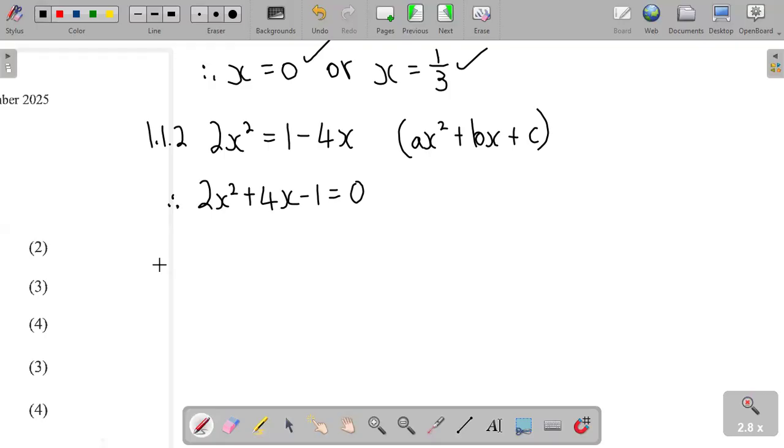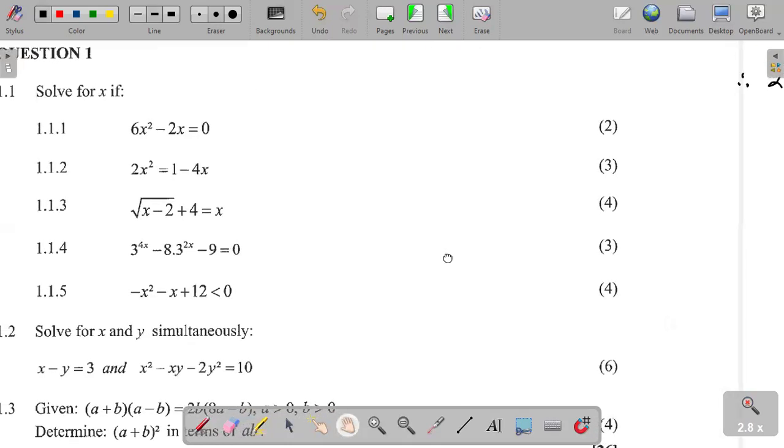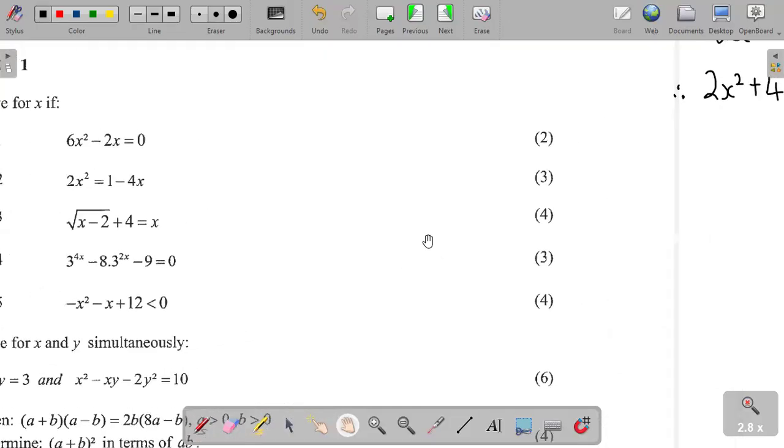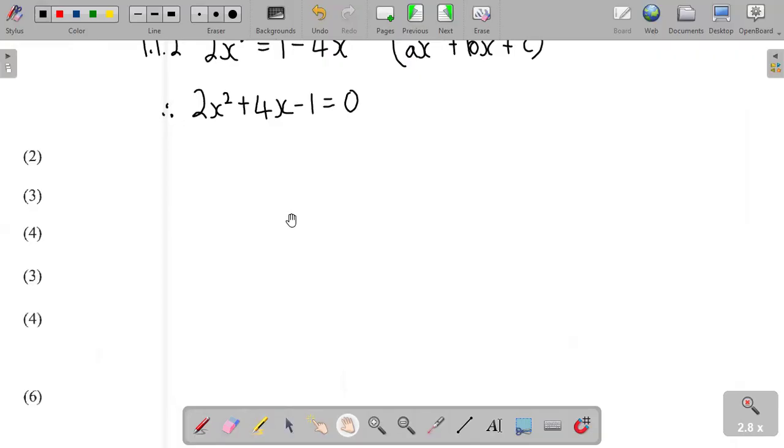Then we try to factorize here. We can't find factors here.